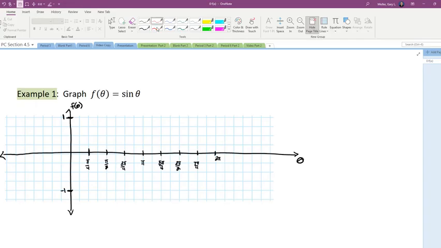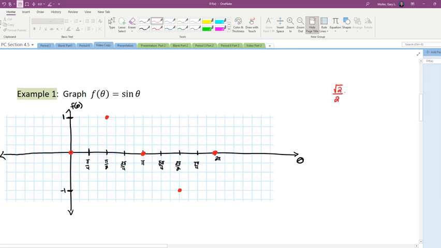I'm going to do the easy points first. Sine of 0 is 0. The sine of pi over 2 is 1. The sine of pi is 0. Sine of 3 pi over 2 is -1. And the sine of 2 pi is 0. The sine of pi over 4 is root 2 over 2, so we have to estimate what that is.